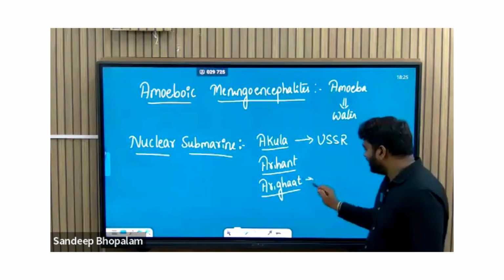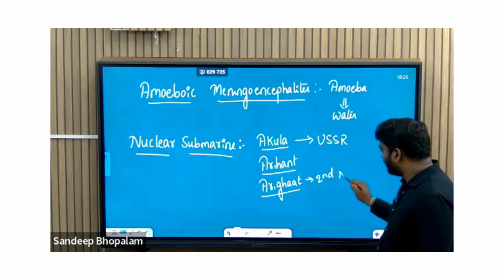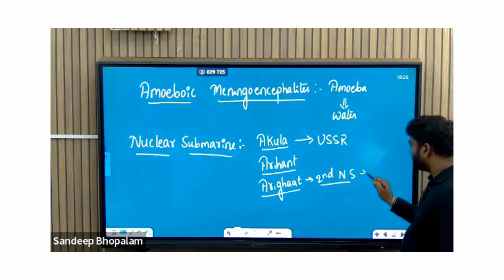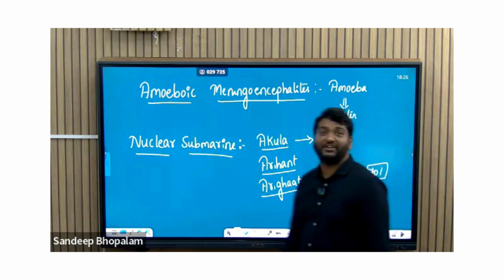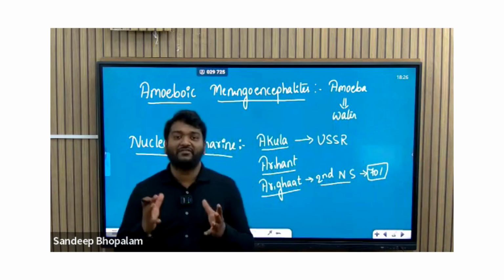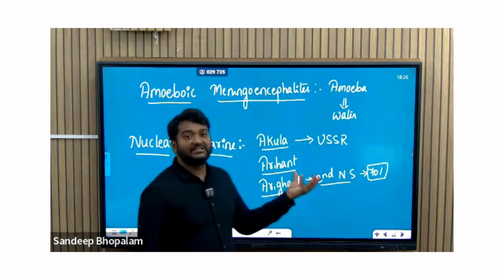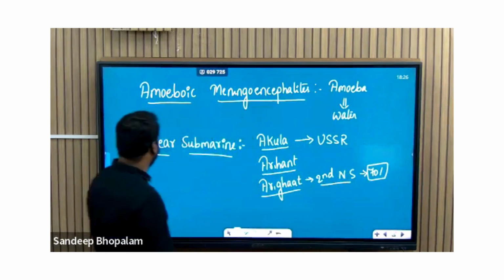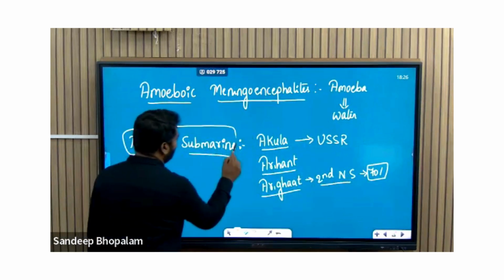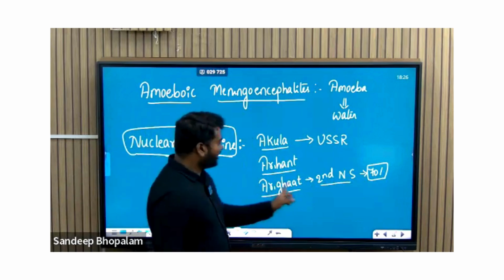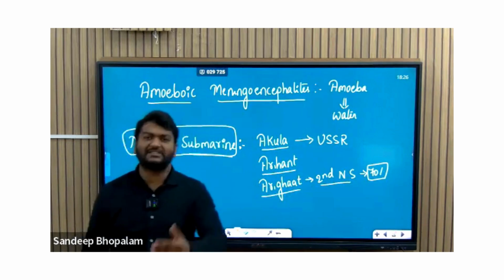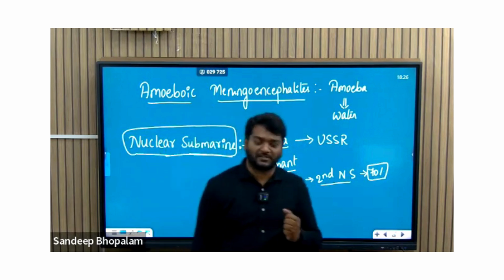Arighat is India's second nuclear submarine, where 70% of it is India's content. Okay? Indian-made things are present almost how much? 70%. So this is a very important submarine that India has. Which one? Arighat.